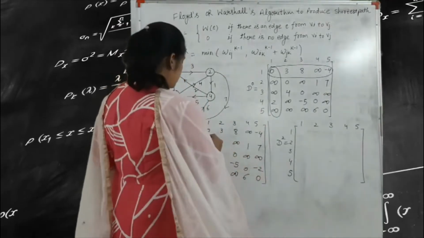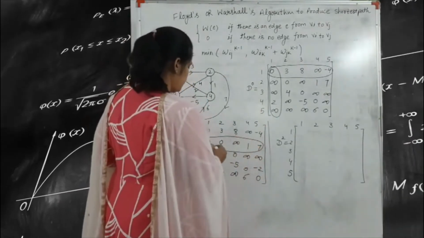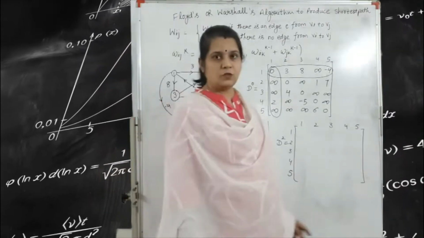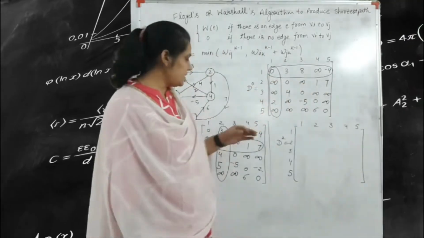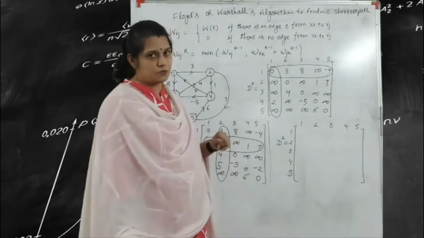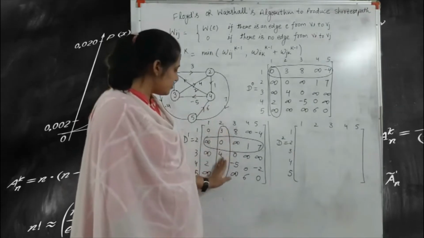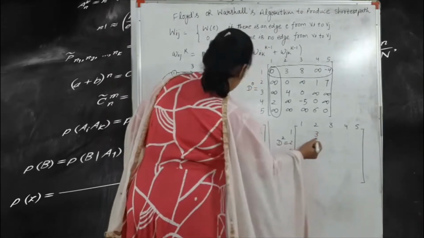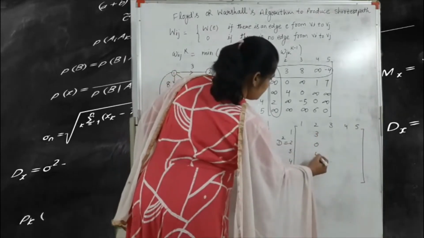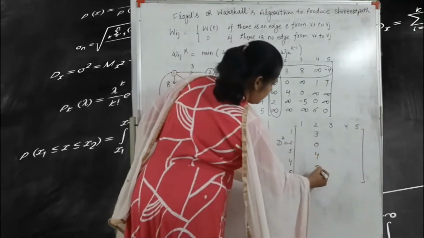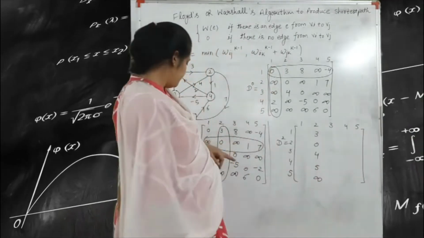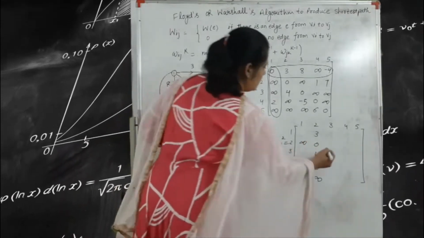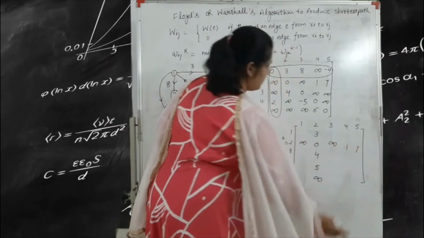This is your second row and this is your second column. With the help of this second row and second column, the process is to write the highlighted row and column as it is. So the second column is 3, 0, 4, 5 and infinite, and the second row is infinite, 0, infinite, 1 and 7.